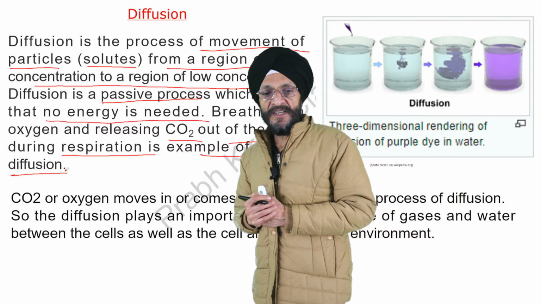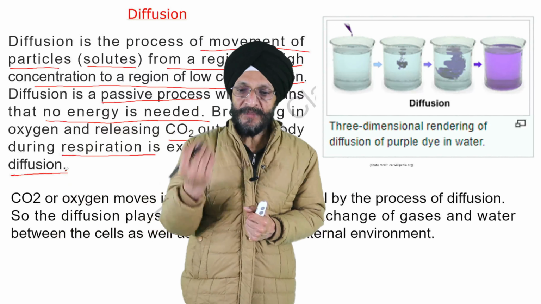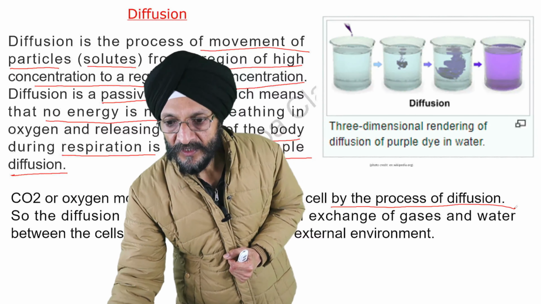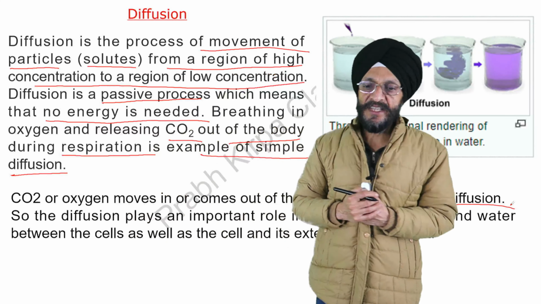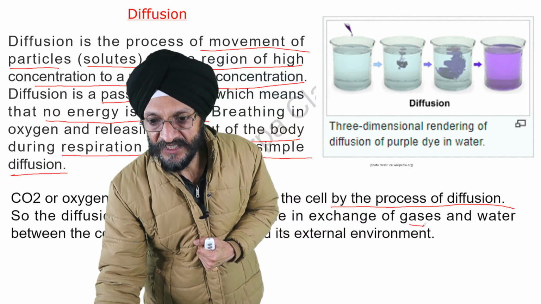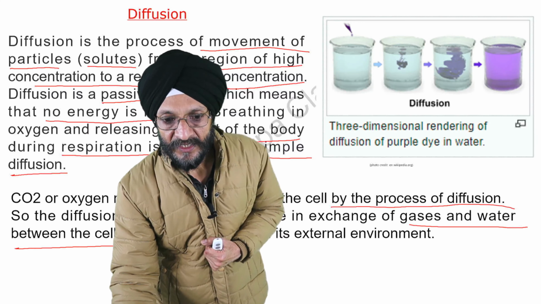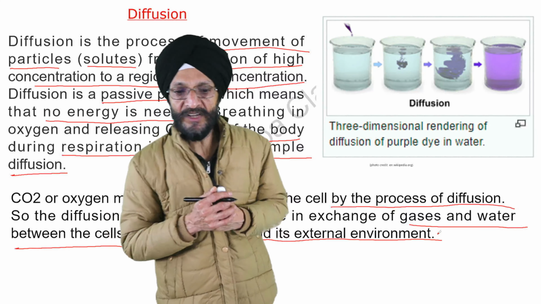Carbon dioxide and oxygen move in and come out of the cell by the process of diffusion. So diffusion plays a very important role in the exchange of gases and water between the cell as well as the cell and its external environment.